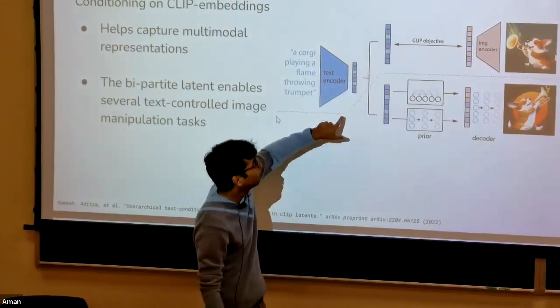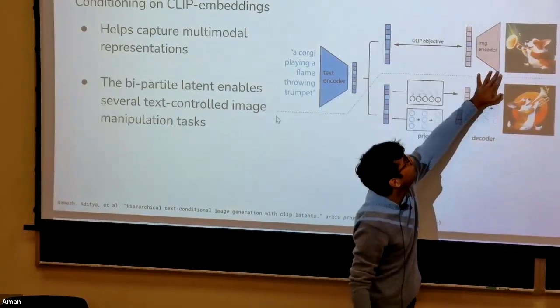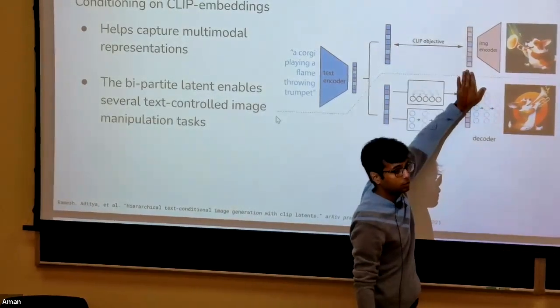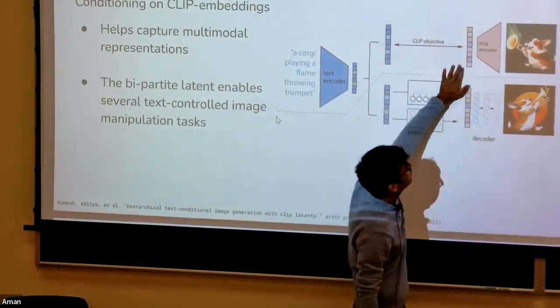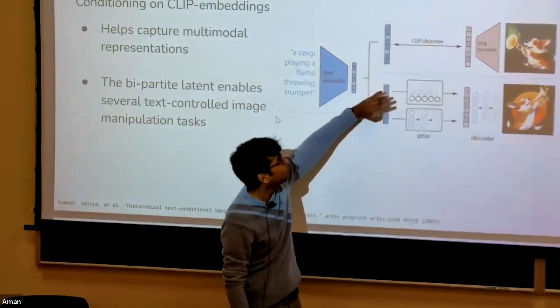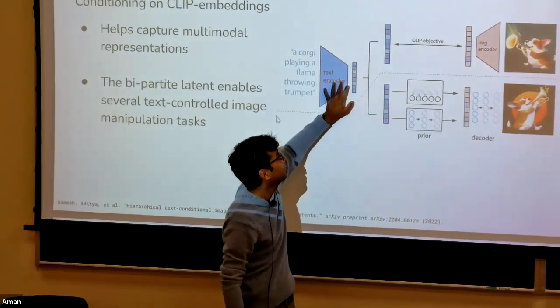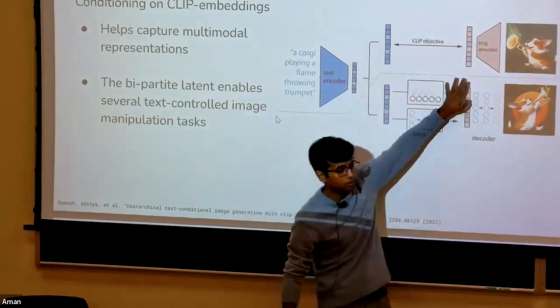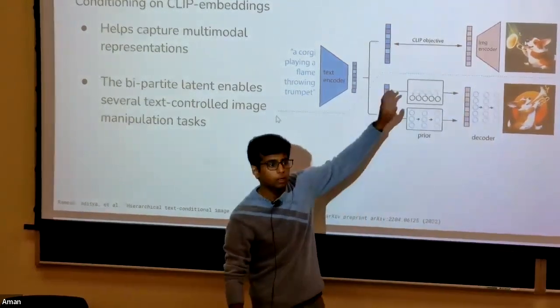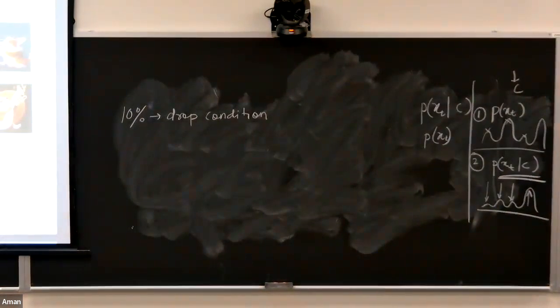So to do that, what we do is train a CLIP model, which is taking the image, encoding the image into a representation, and then applying a CLIP objective that we have already seen in previous classes to train a multimodal alignment model, which can tell you the similarity between a given text caption and a given image, right? So once you train a model like that, you can now assume that this representation that the model is generating is very informative of what kind of images it goes with.